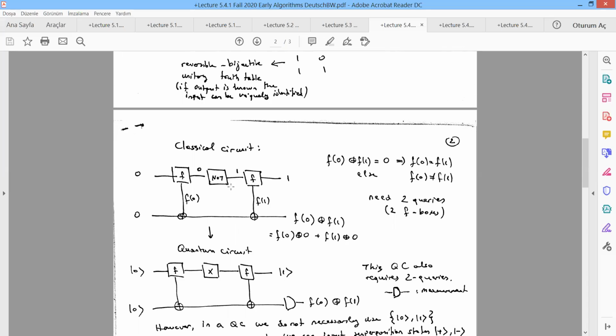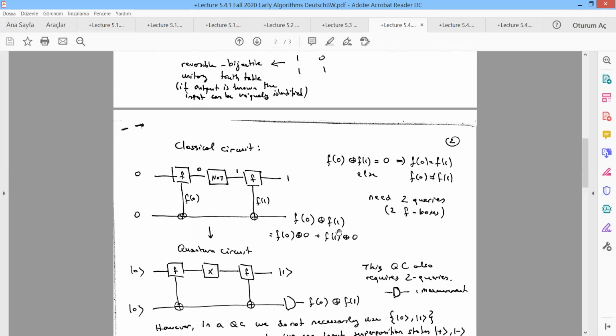So in the output we have this 0, and then through this NOT gate, this 0 is converted to 1, and then 1. But on the target bit we have f of 0 plus 0, and plus f of 1 plus 0, which is equivalent to f of 0 plus f of 1, because 0 doesn't change the output.